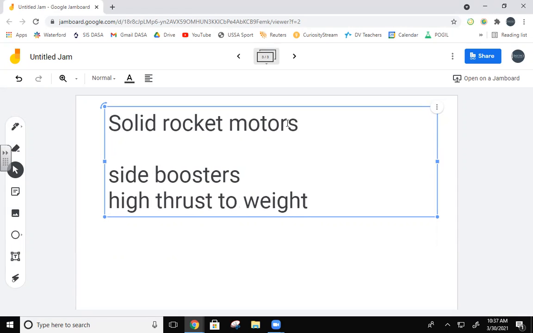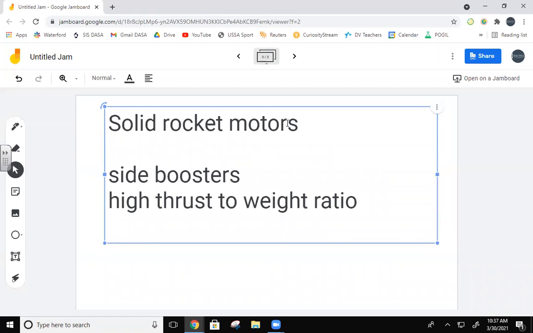What's the thrust to weight ratio? The less weight, the higher velocity you're able to have. So if you have high thrust and low weight, you're going to go really fast, right? If you have a high weight and low thrust, you're not going to go very fast, right? Solid rocket motors have a very high thrust to weight ratio. They provide a lot of oomph.